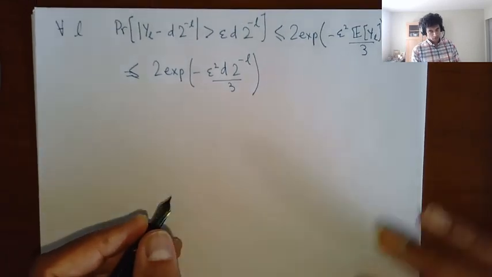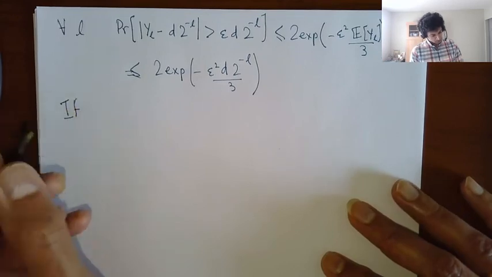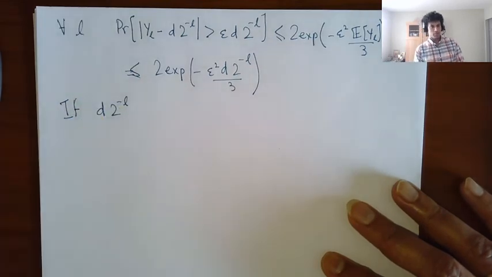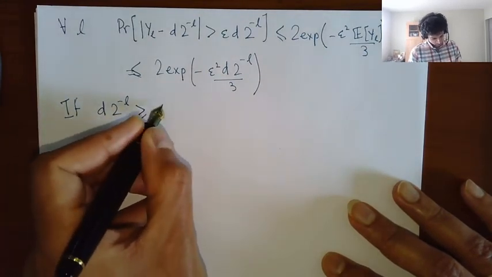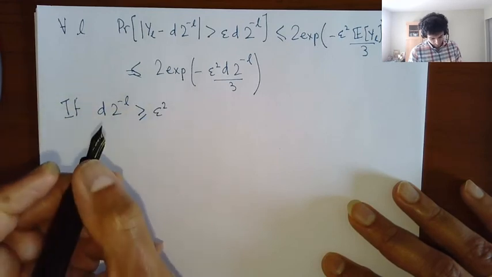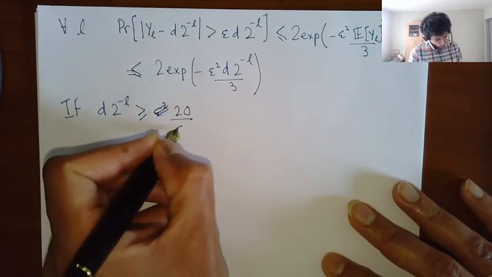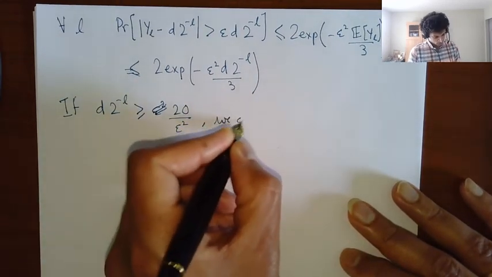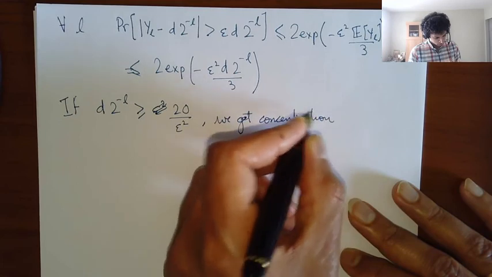Okay, so now what I'm going to say is, if d times 2 to the minus L is at least, let me make sure I get this right, say, 20 over epsilon squared, we get concentration.